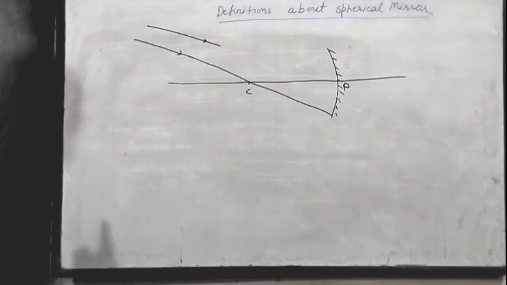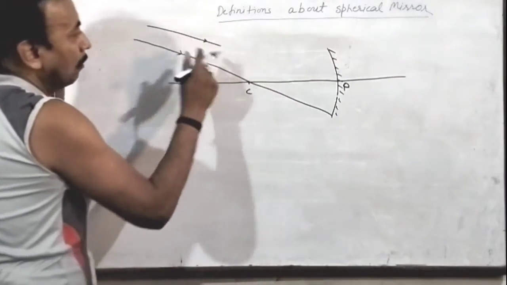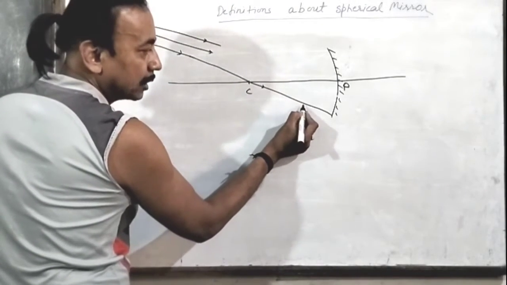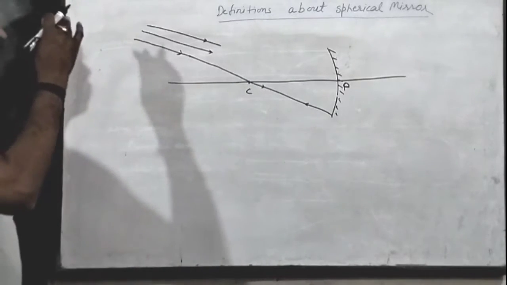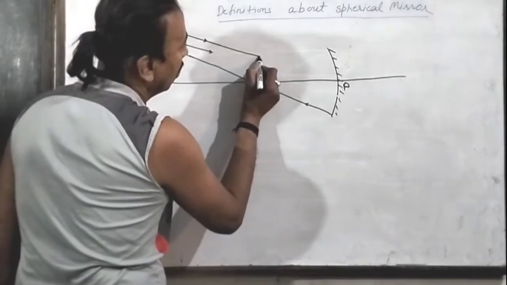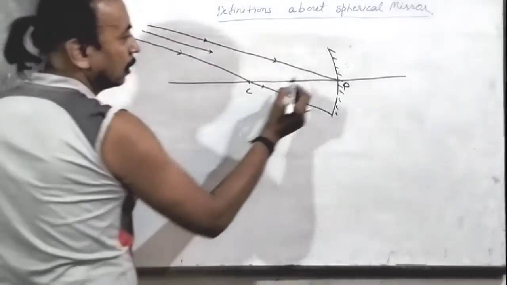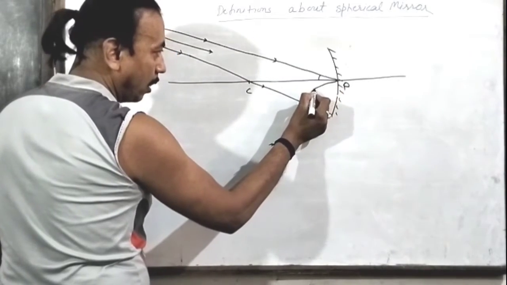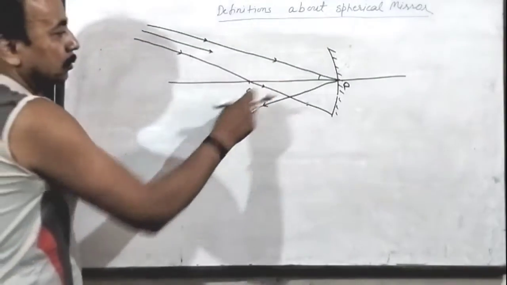Suppose a beam of rays is coming parallel to each other, and this ray is passing through C, hence it will strike normal to the surface of the mirror, then it will retrace its path. Another ray is striking at the pole P; the rule says that this angle will be equal to this angle, and the reflected ray will pass like this.